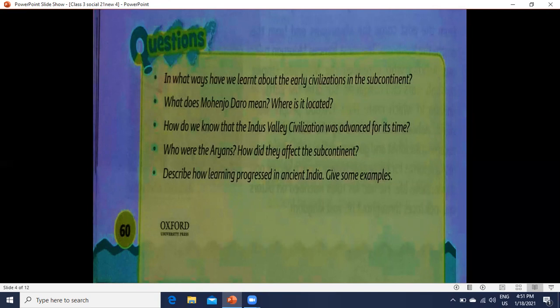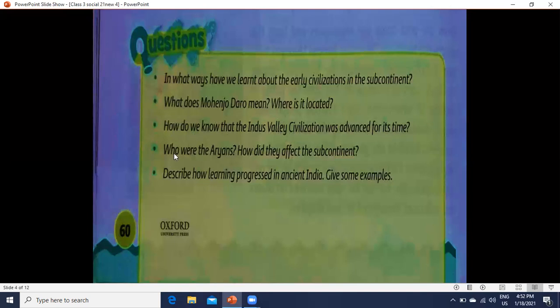1. In what ways we learn about the early civilization in the subcontinent? Question number 2 is, what does Mohenjo-daro mean and where is it located? And question number 3 is, how do we know that the Indus Valley civilization was advanced for its time?